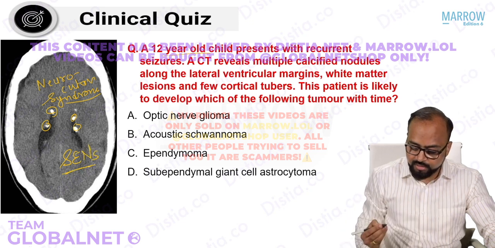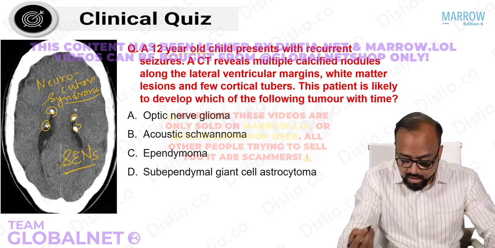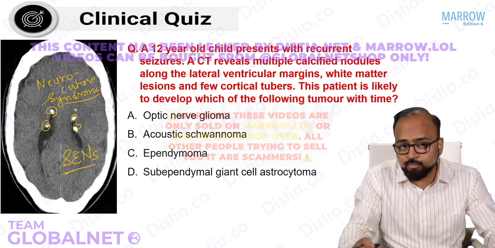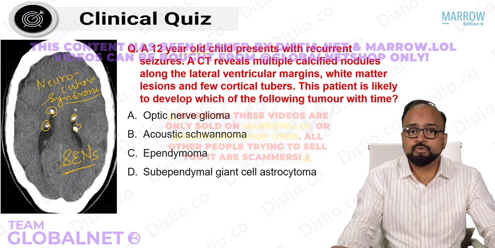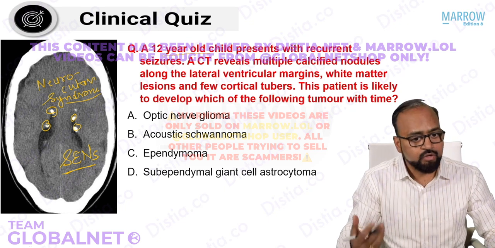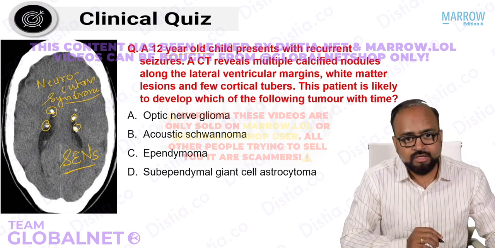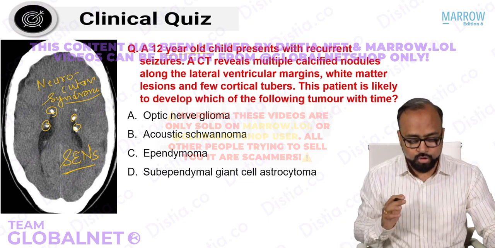So these subependymal nodules can progress into a cancer. Can it be an acoustic schwannoma? Can it be an ependymoma? It looks like it, but no, it progresses into a subependymal giant cell astrocytoma, or SEGA. What is this? We'll discuss this. It's associated with tuberous sclerosis. This is something that we are going to discuss in this high yield topic.